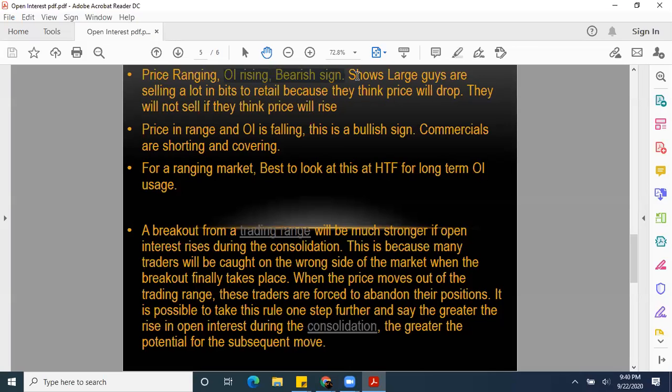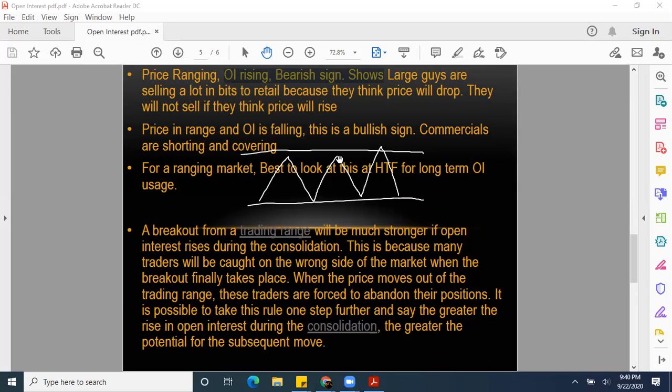It shows that the large guys are selling a lot in bits to retail traders because they think that price will drop. They will not sell if they think that price will rise. So if we are in a range and price is ranging, however, while price is ranging, the open interest is rising.